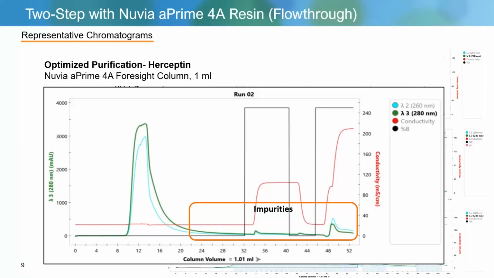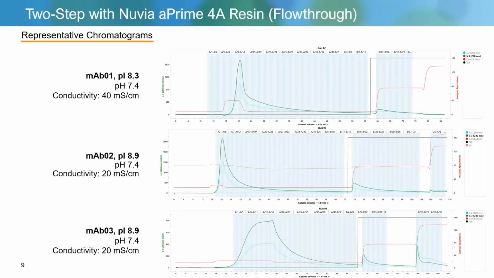On the screen you can see a chromatogram from a Nuvia aPrime 4A run, which was done in flow-through mode with conditions optimized specifically for the reference Herceptin project. Very similar conditions were used for the purification of three different mAbs. Chromatograms, however, are not comparable to the reference process, and you can see a distinct tailing in each case.